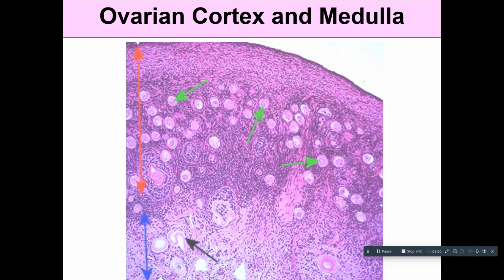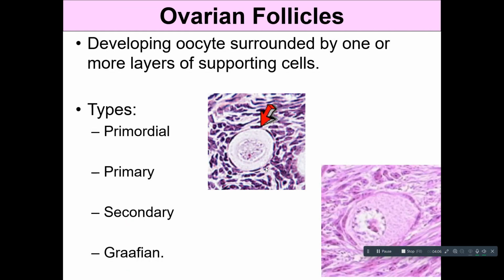So here in red, we see the ovarian cortex, and that is where we're going to find all of these interesting spherical structures, which are called ovarian follicles. Deep, we're going to find the ovarian medulla, and to be honest, we're not really going to discuss the medulla of the ovary.